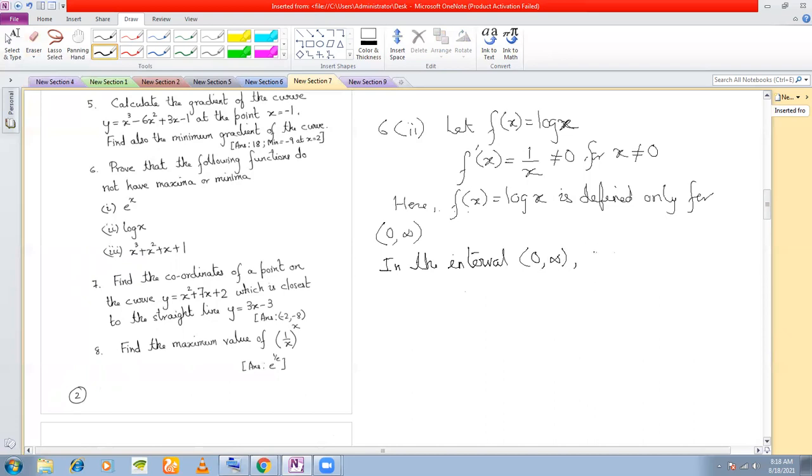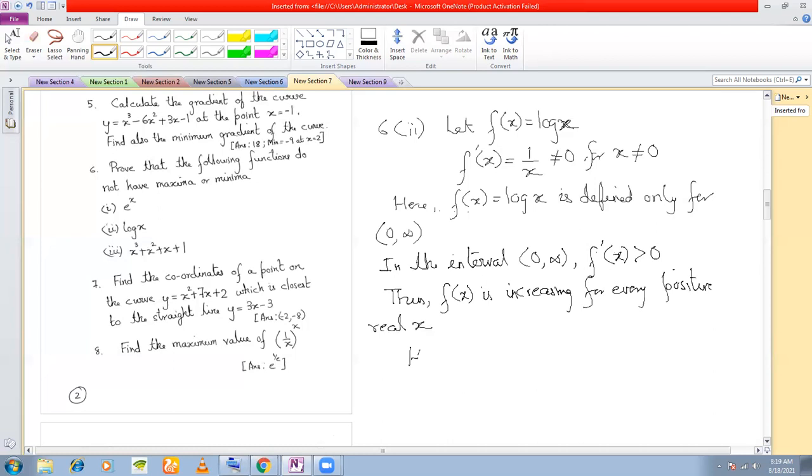what is the sign of f dash x? F dash x remains positive, right? For all positive real values of x, first derivative is positive. Thus, fx is increasing for every positive real x.